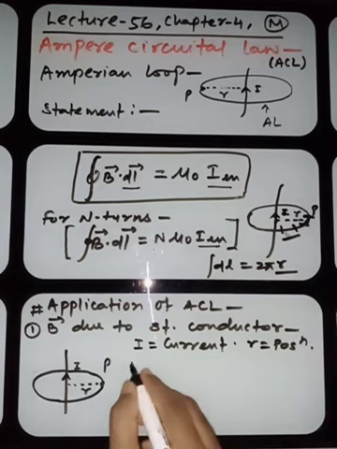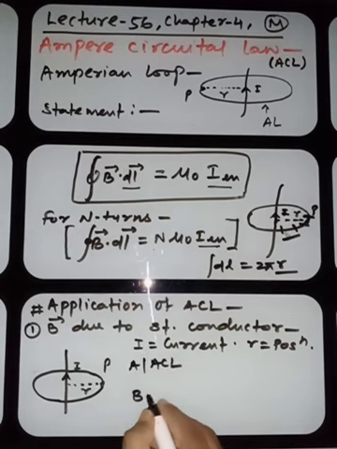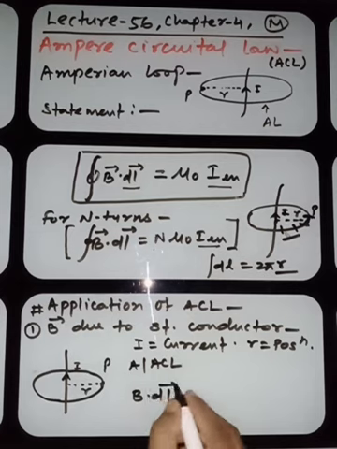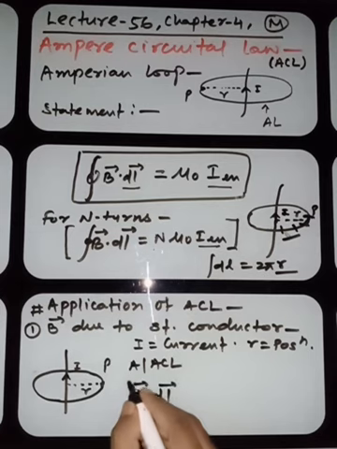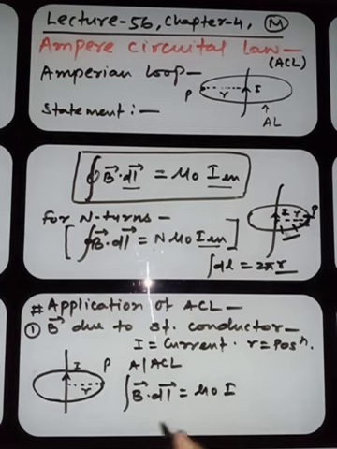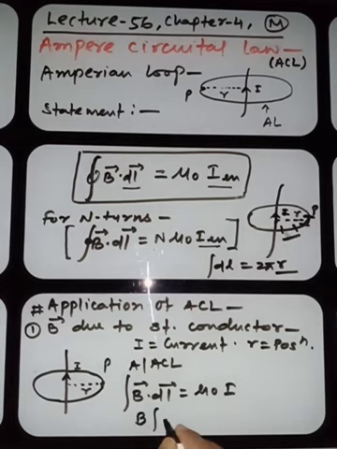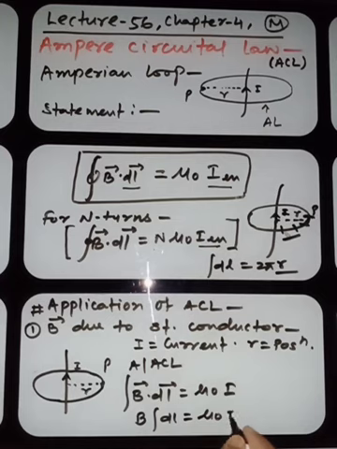Now applying ACL, we can write B dot dl as mu naught I enclosed. And what is the enclosed current? Try to find out the enclosed current. It is the total current enclosed by this Amperian loop, so this will be I. Now B we have to find, take it out, integral dl equals mu naught I.